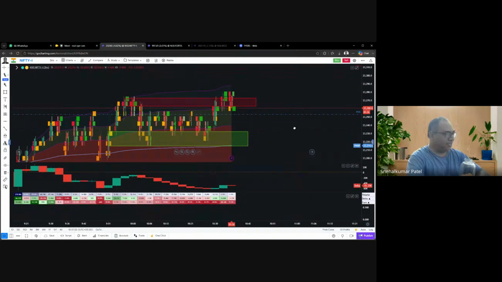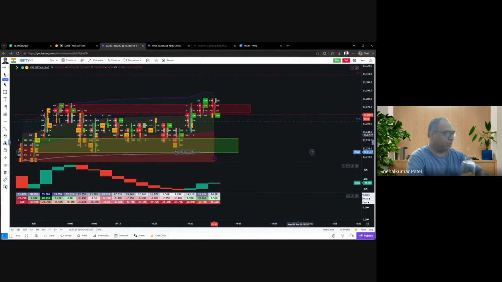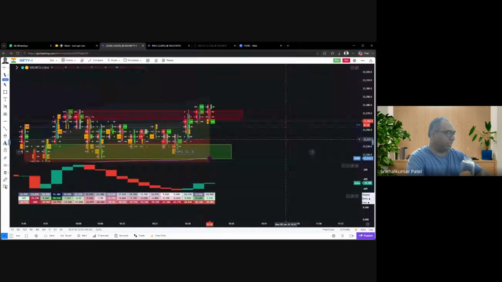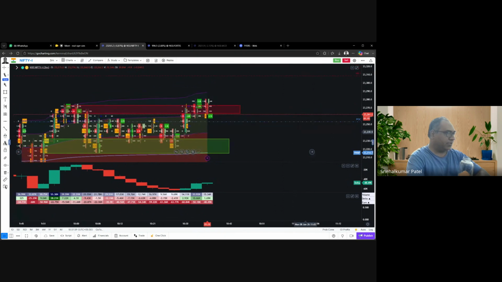But if they have multiple lots, let's say 10 lots, because professional sellers would not trade with one lot, ideally they would trade with 10 lots minimum. So they would still make like 3,000, 4,000 by now.